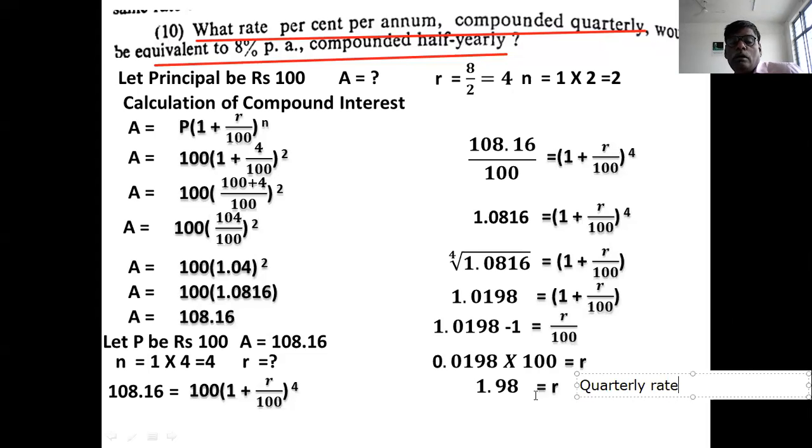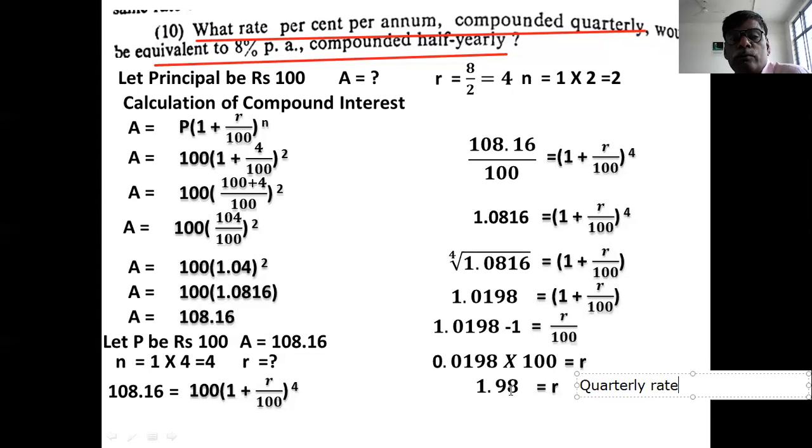This is R. 1.98 is the quarterly rate because we calculated interest quarterly. Per quarter rate is 1.98, and this R is calculated by dividing the annual rate by the number of quarters. Therefore, it is the quarterly rate. Per quarter, 1.98 is the interest.